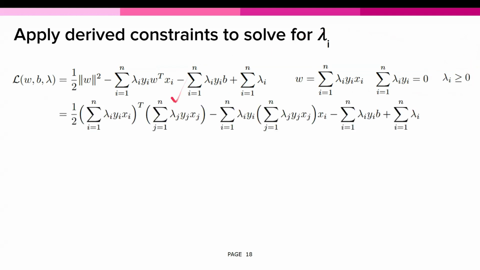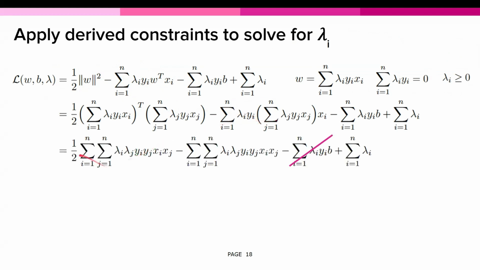Okay, so we can substitute the expression for the weights into both the first and the second terms, representing the squared norm of the weights. And these are going to expand further into double summations. These account for all pairwise interactions between the Lagrange multipliers and their associated data points.